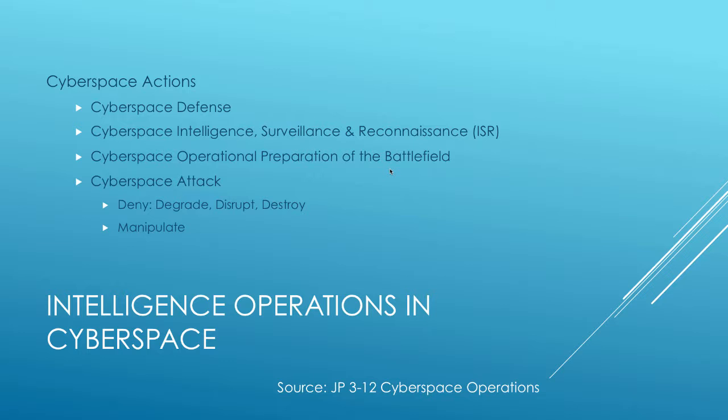The cyberspace operational preparation of the battlefield requires new techniques as a part of the intelligence cycle, such as mapping the technical landscape to include the types of hardware and software and their versions and their patch status, because those characteristics can determine which attacks would be successful against those targets.